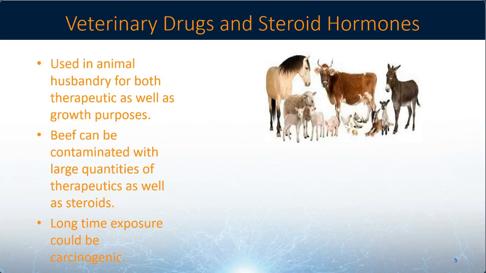The first application we'd like to look at is veterinary drugs and steroid hormones. These compounds are used in animal husbandry for therapeutic as well as growth purposes. The veterinary drugs are used for the therapeutic treatment of animals, specifically skin conditions, and there's a two-pronged reason for this. One of them is to keep the animal safe and keep the animal in a viable state to be harvested.